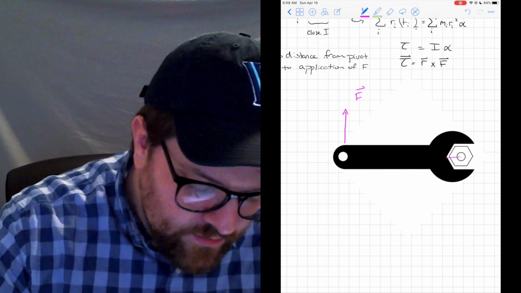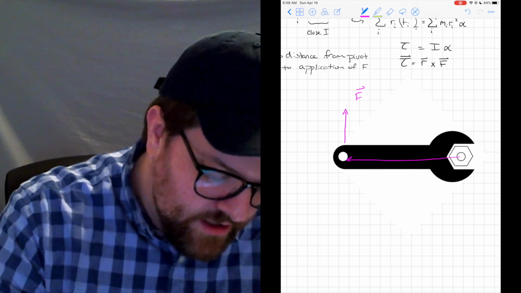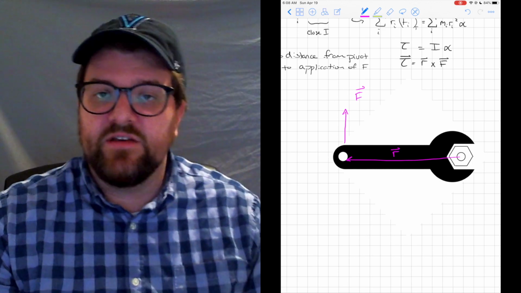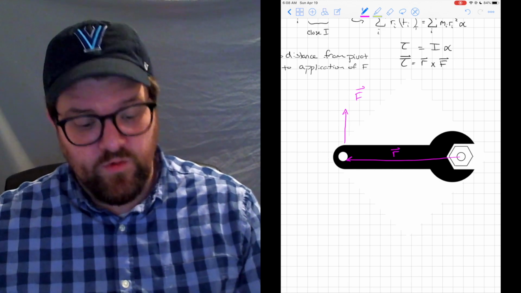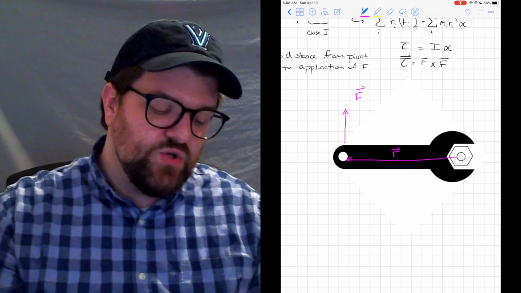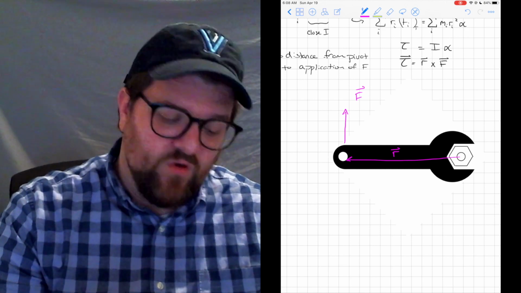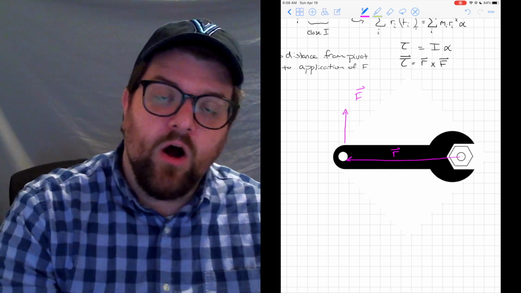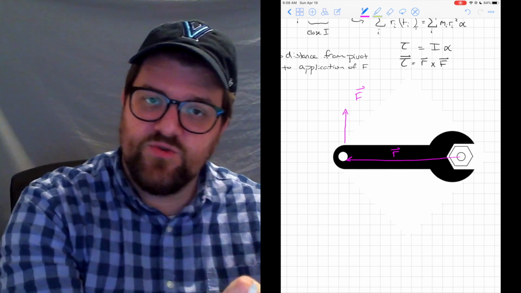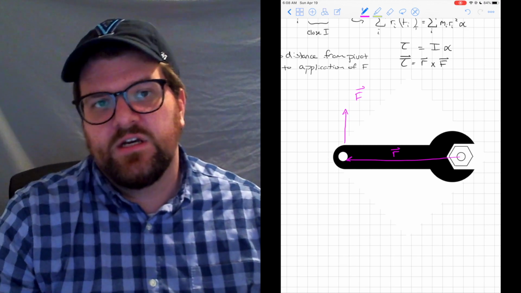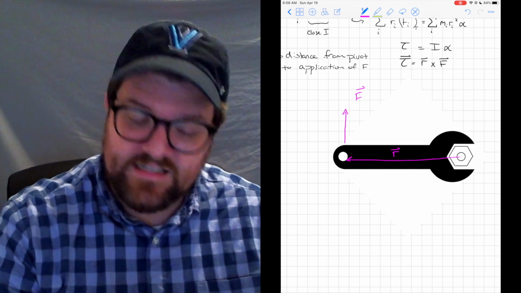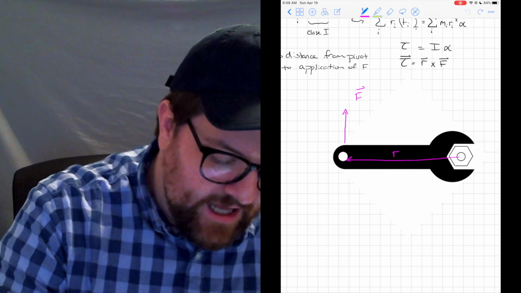Well, I would take my R to be from the pivot point, which is the center of our bolt, to where I'm applying that force. So I have R all the way from the pivot point to the end of my wrench times F in this scenario.